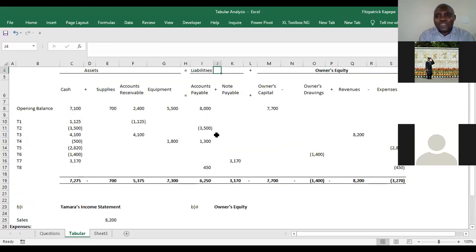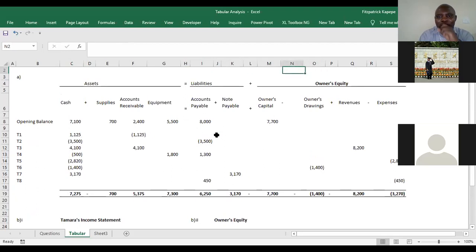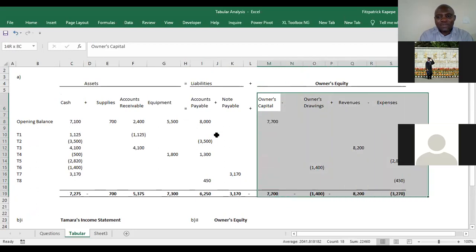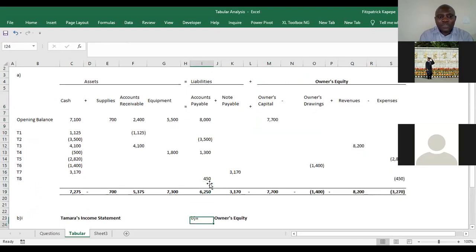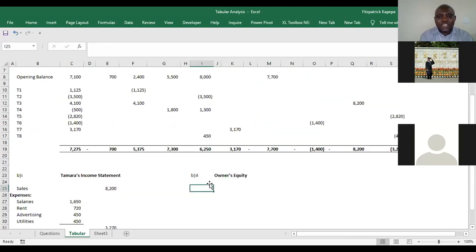This is the portion here, like I'd already explained, from here up to there. Oh, okay. So we'll start with capital, which is owner's equity. This is the owner's equity statement, that's what they're calling it.